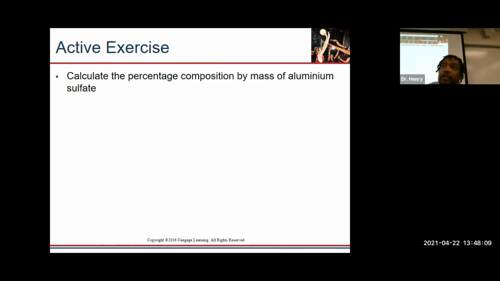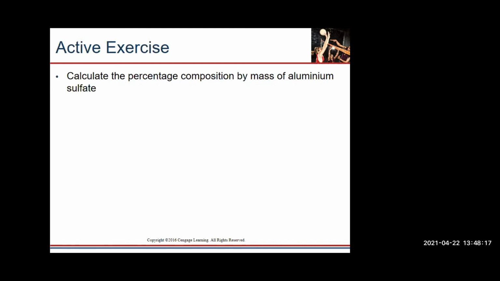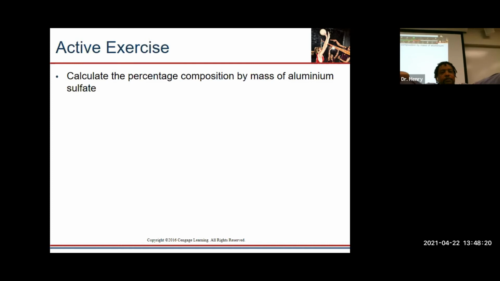Okay, calculate the percent composition by mass of aluminum sulfate. First thing I have to do is get the formula for aluminum sulfate. What is the formula?